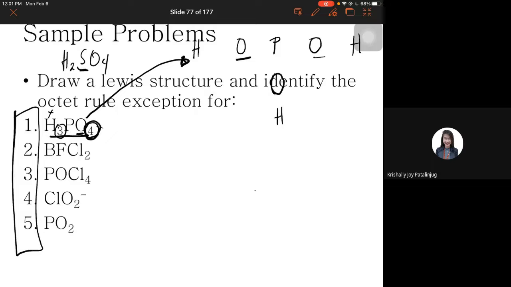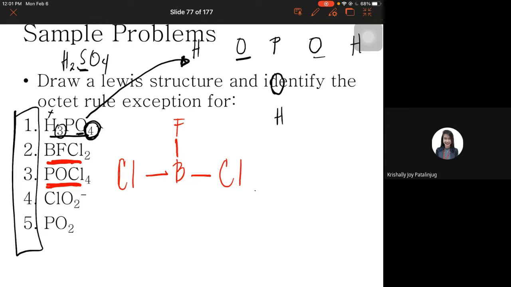Sige. Ito, sa number 2, wala namang hydrogen, di ba? Walang hydrogen. So, automatic, when you decide for the placement, the central atom would be boron. Obviously, it's boron, di ba? Kasi fluorine and chlorine are highly electronegative atoms. So, it's up to you what is the arrangement of the surrounding, nasaan yung chlorine, nasaan yung fluorine, basta sila ay mga surrounding, directly attached to the central boron. What about number 3?